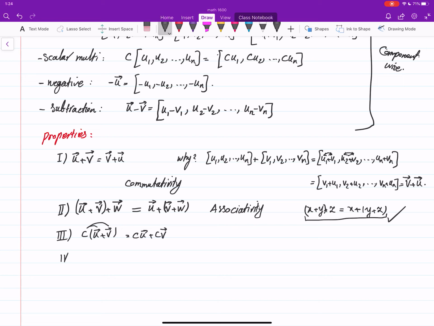Also, the other way around is true: scalar multiplication distributes over the sums of scalars. So here, c plus d times u will be cu plus du. Both of these properties are called distributivity.